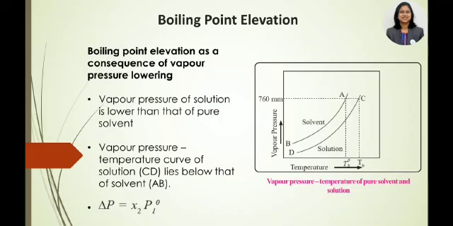The diagram explains the vapor pressure temperature relation of pure solvent and solution. There you can see two curves: curve AB, which is for the solvent, and curve CD, which is for the solution, and the curve CD lies below the solvent curve AB.